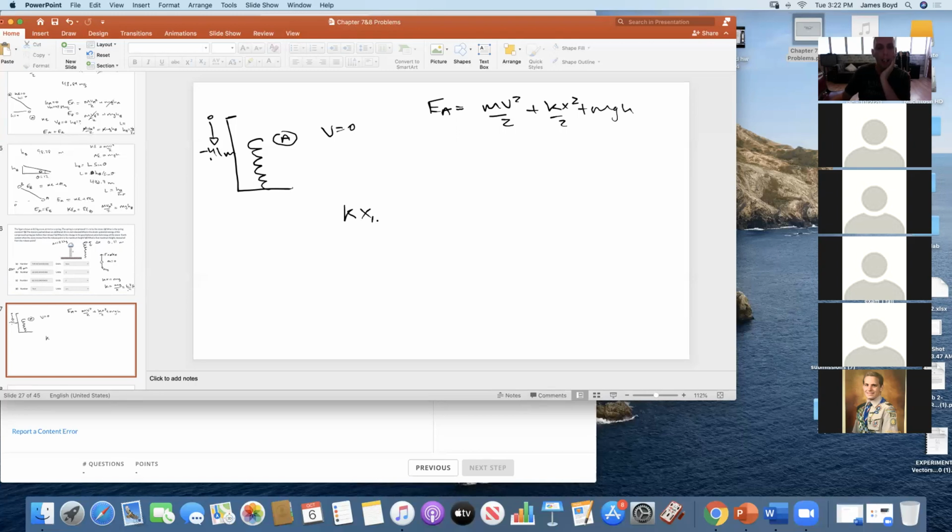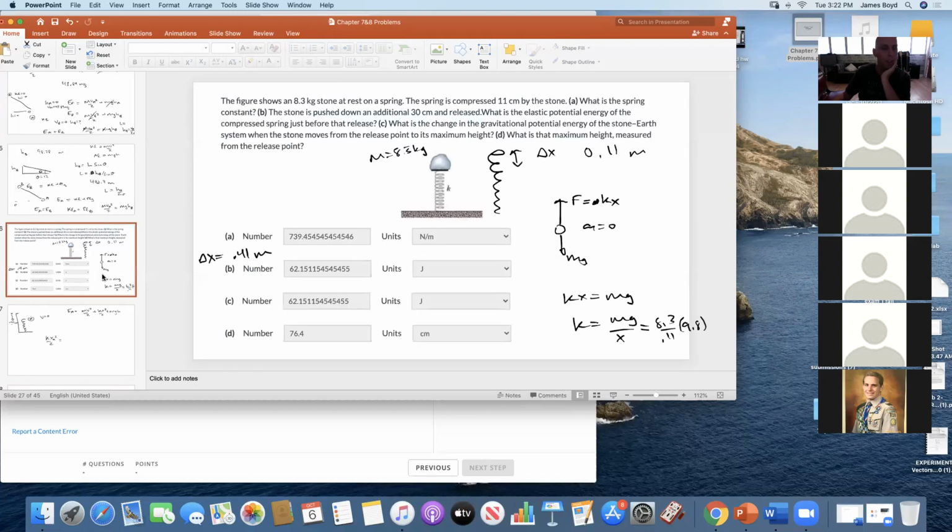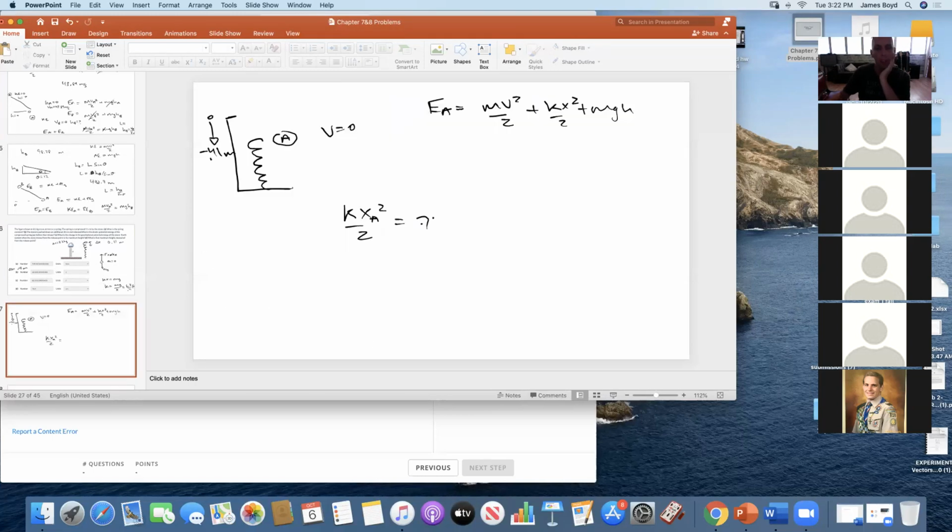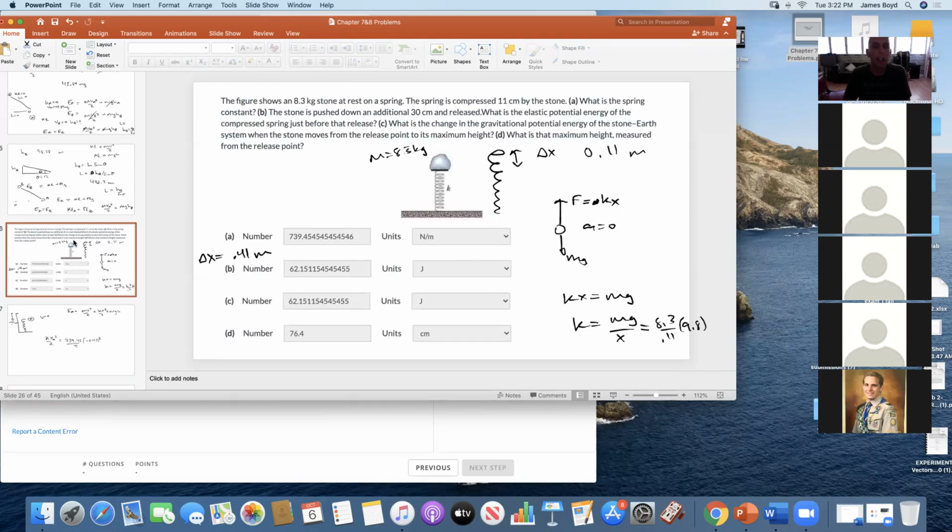So that would be kxA squared over 2, or 739.45 times one half times negative 0.41 squared. It doesn't matter if you put negative or positive because it's squared. So 739.45 divided by 2 times 0.41 times 0.41. I get 62.15 joules. 62.15 joules is the energy that's stored in the spring.